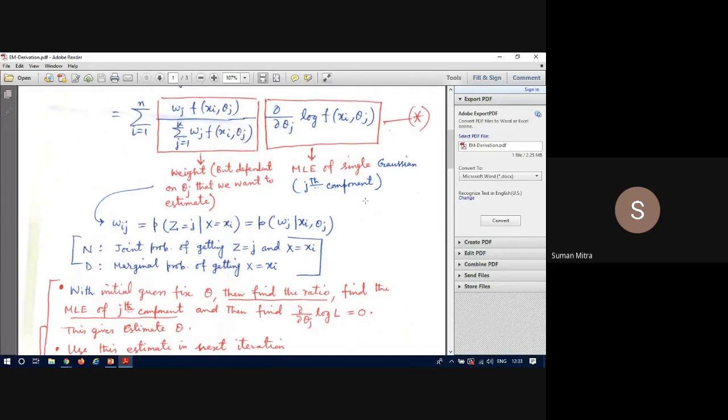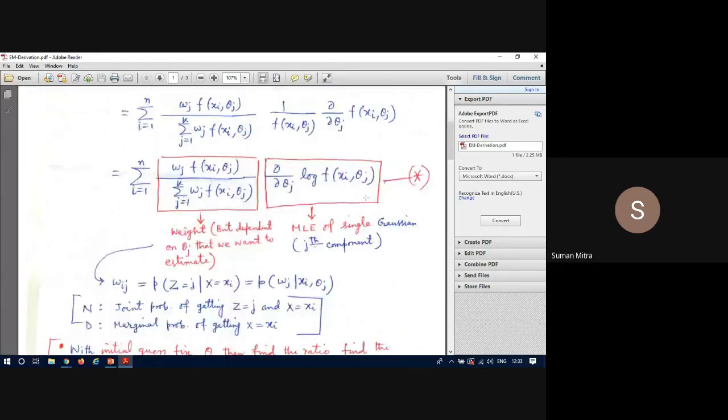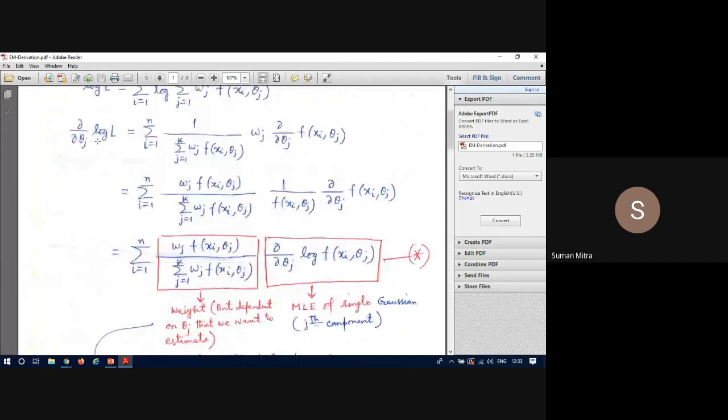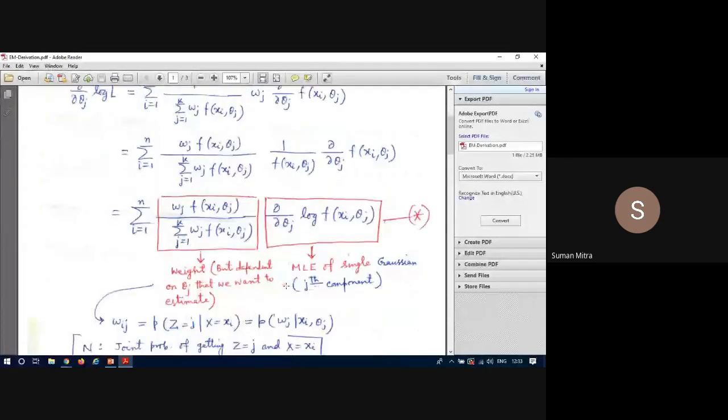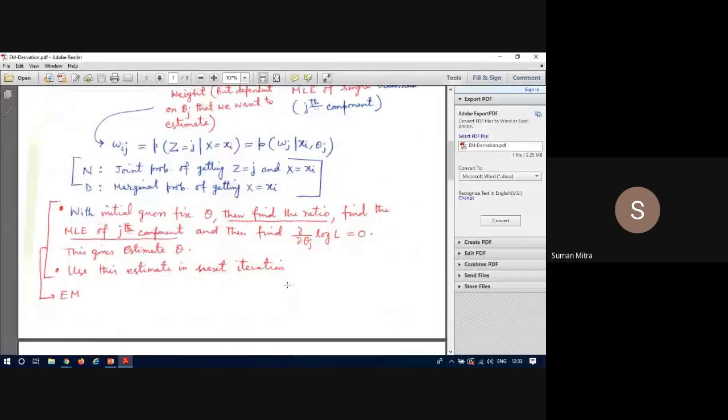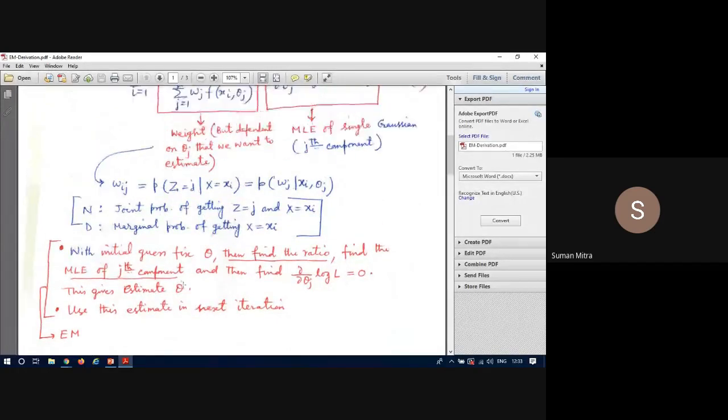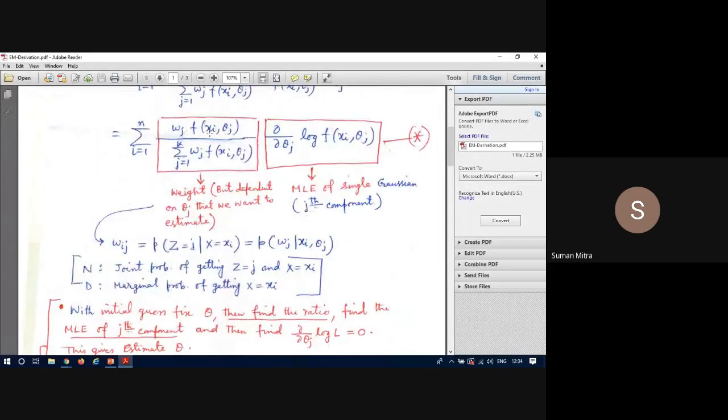Do you have any question? So what is log L? Sorry, del theta j of log L is this one. We have to find this, equate it with 0 and get the value of theta j. Right? So what we are saying is that this is a numerator value and this is a denominator value.